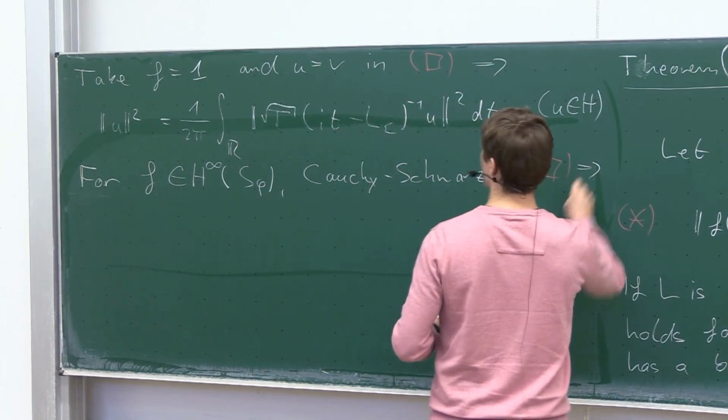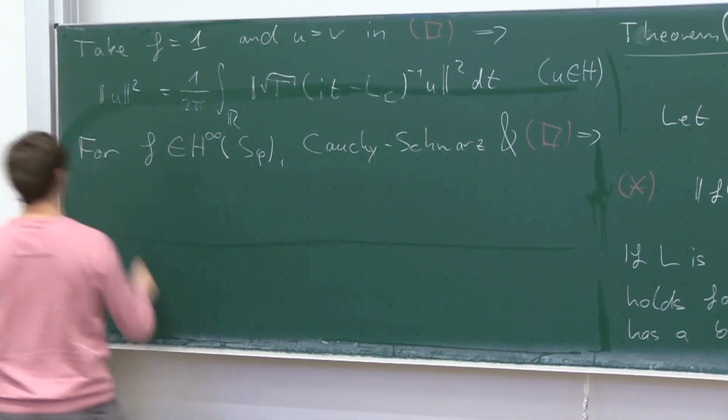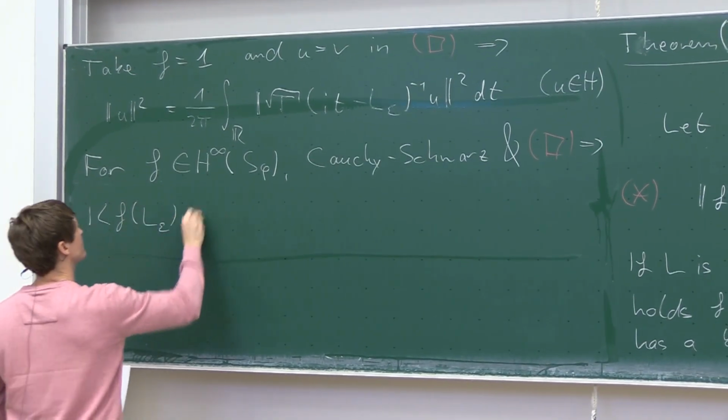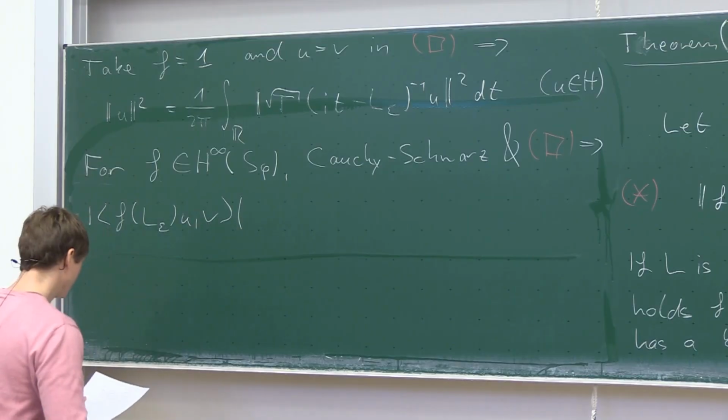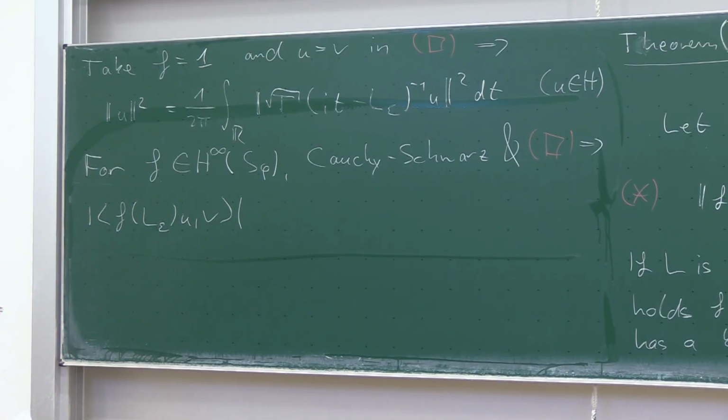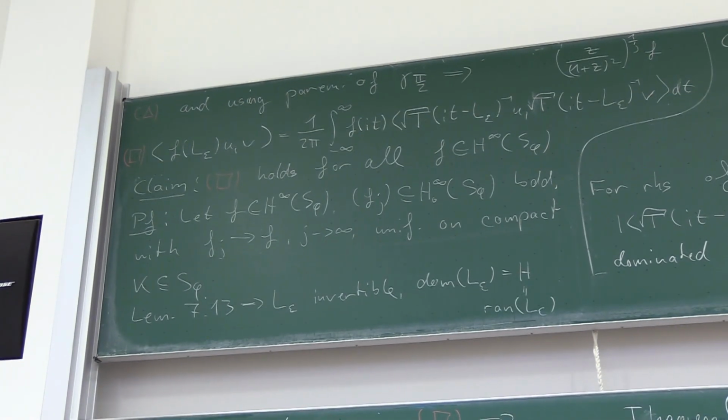And this gives us that the modulus of this inner product of f of L epsilon applied to u tested with v can be estimated as follows. So we use Cauchy-Schwarz above and so estimate the inner product by the product of the norms of each of these entries, and then also use the Cauchy-Schwarz inequality in the integral.